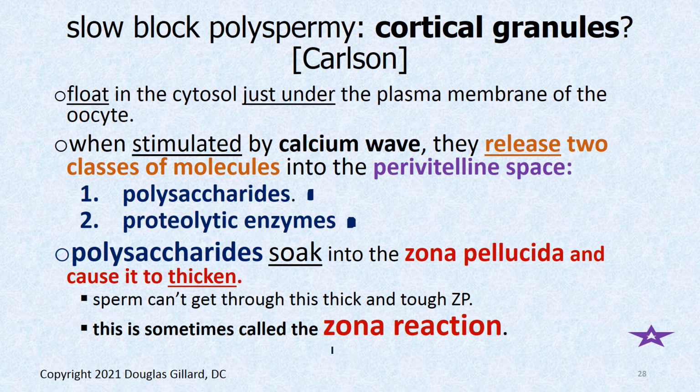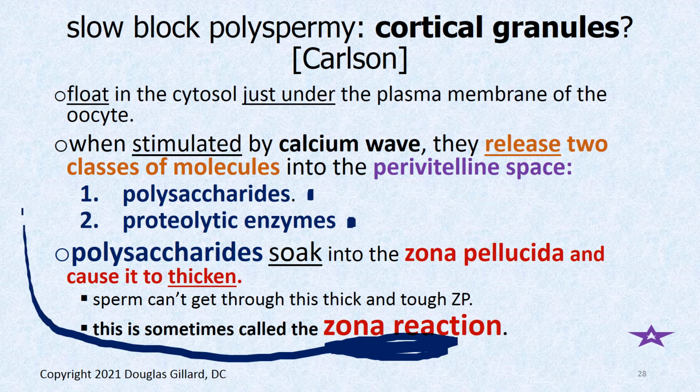This reaction with the polysaccharides is sometimes called the zona reaction. And the zona reaction is part of the slow block to polyspermy, the one that the calcium wave stimulates through the release of these cortical granules.